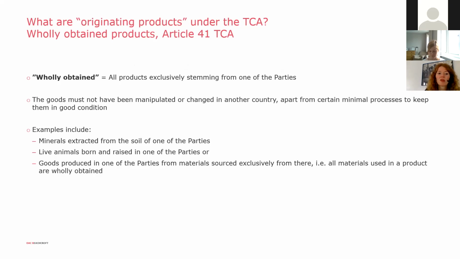Examples in that context are minerals extracted from the soil of one of the parties, or live animals that have been born and raised in the territory of one of the parties, or goods produced in one of the parties from materials that are exclusively sourced from there. So these would all be wholly obtained products.